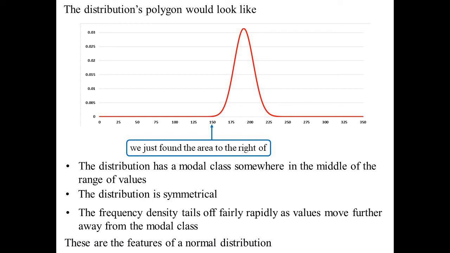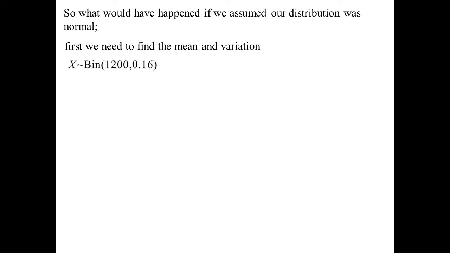Because it looks like a normal distribution, maybe it's fair enough to assume it's a normal distribution. Well, let's turn it into a normal distribution. If we had assumed it was normal, the two important pieces for a normal distribution are the mean and the variation. We saw that it's binomially distributed.